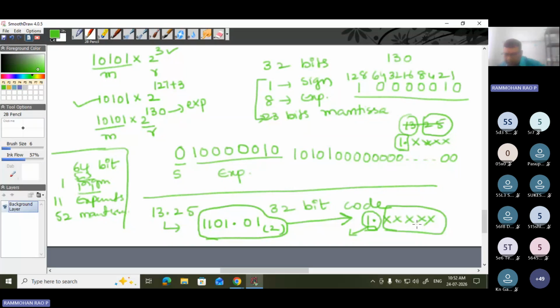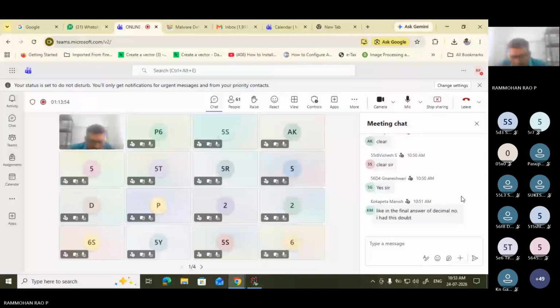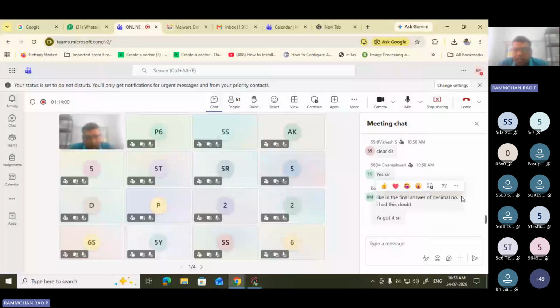On this part we are applying our IEEE 754 standard. This is what we have done, and in this example also. Is it fine, Manish? Any other doubt?